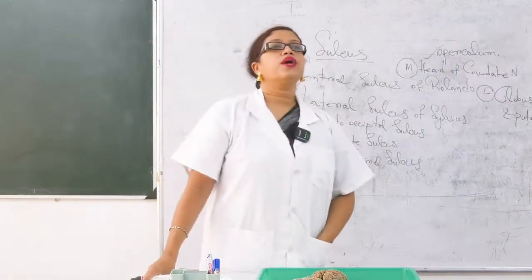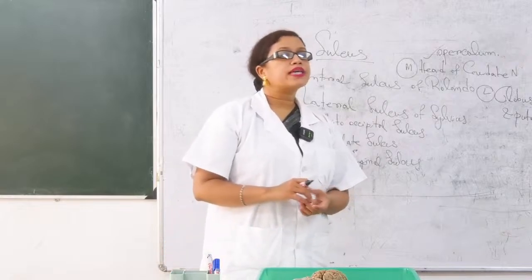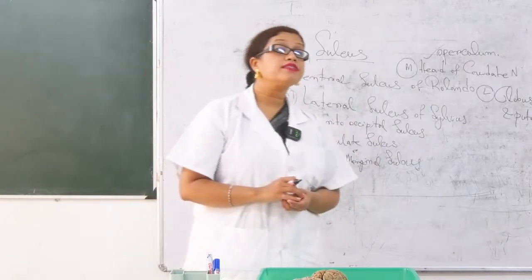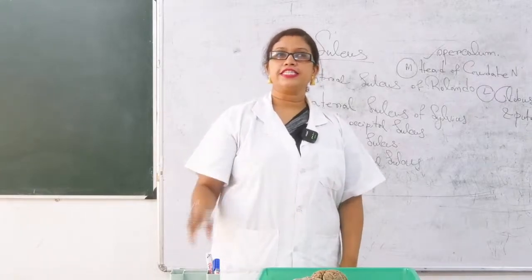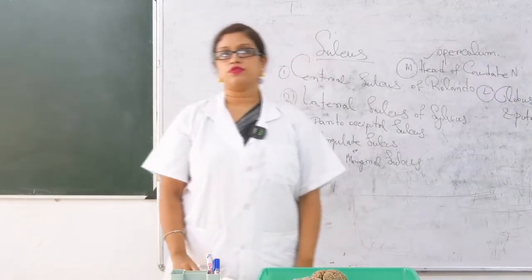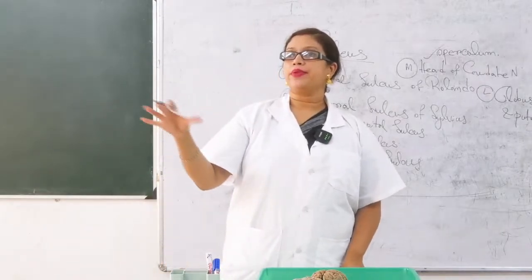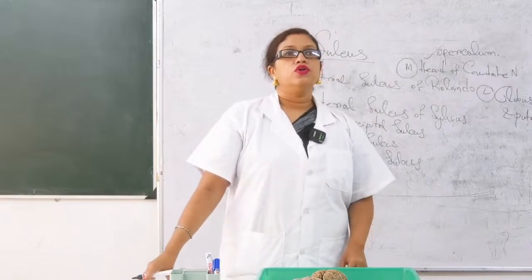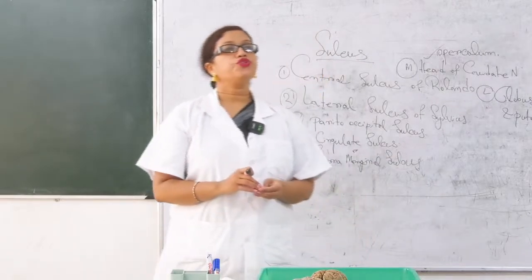Then next one is about the corpus callosum. So what is the corpus callosum? Tell me, which type of fiber is it? C for C. It is an example of commissural fiber. Very much important. The total white matter in the brain is divided into different types of fibers. So corpus callosum is an example of the commissural fibers.